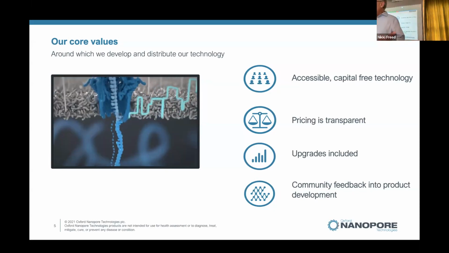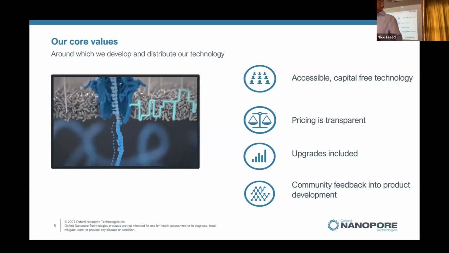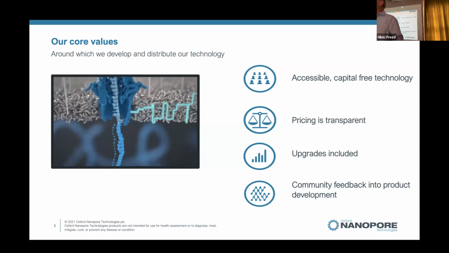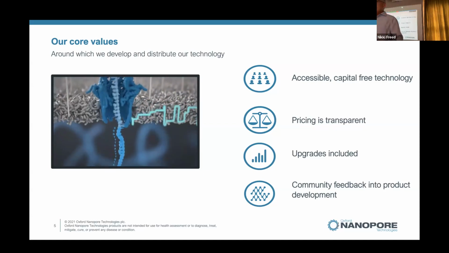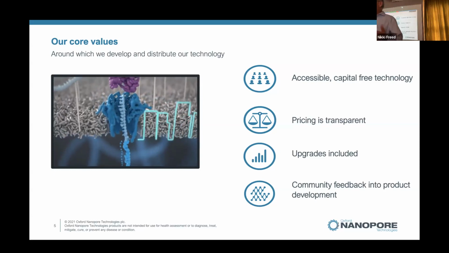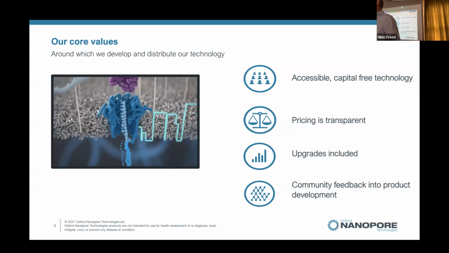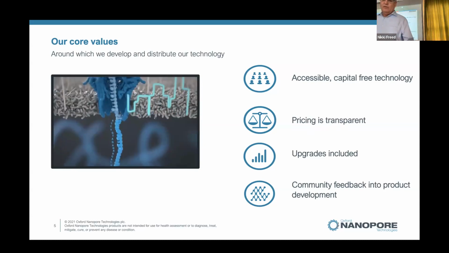That's a given. Our pricing is transparent. It's on our website. It's the same everywhere in the world. We don't do country discounts, institute discounts, project discounts. That's the price for those products. And that means a little lab in New Zealand or the Broad Institute pays the same price for the same products, which is fair and reasonable, and all companies should do that, but they don't.